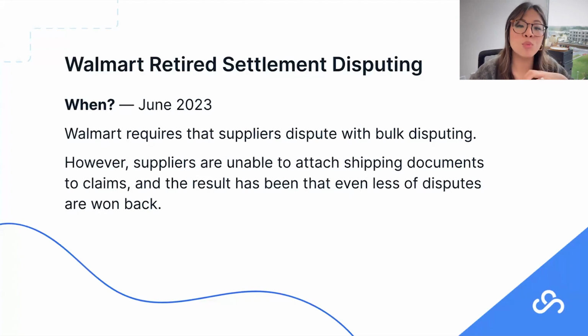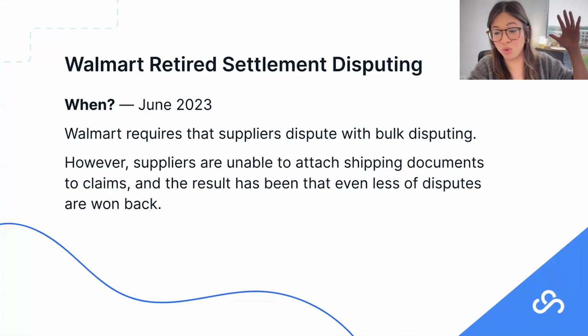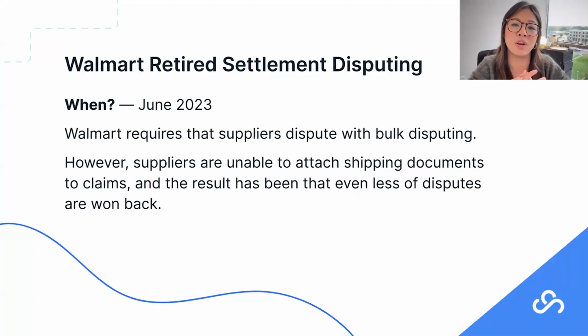But we have seen and heard that larger suppliers, after they retired the program and all the suppliers had to start submitting disputes individually, Walmart's backlog, or Genpact's backlog, grew disproportionately large, and they weren't able to get to claims as quickly as they used to. And so for a select number of suppliers, they did offer these mini settlements to try and help clear that backlog.